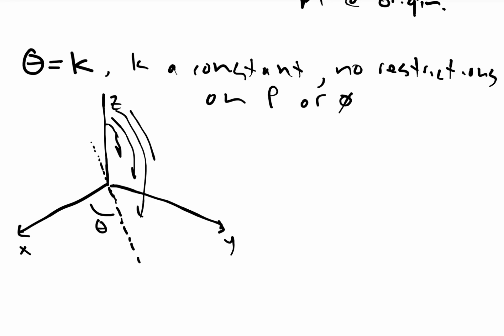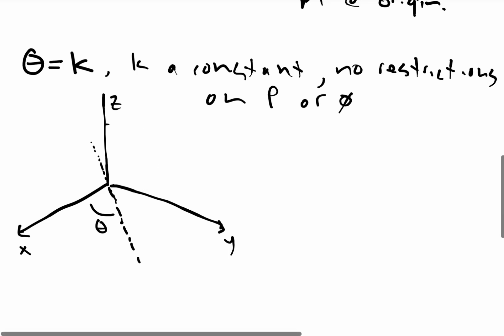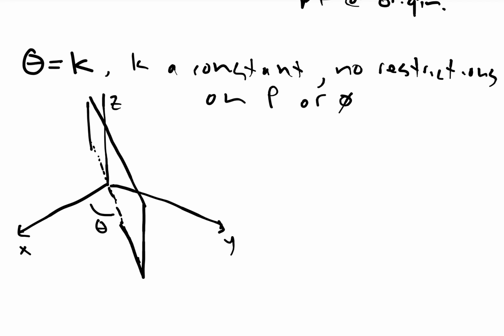And the consequence that that's going to give us is, well, we're actually going to end up with a plane here, right? We end up with a plane, we'll pretend that was a straight line, that cuts through at this angle off of the positive x-axis.